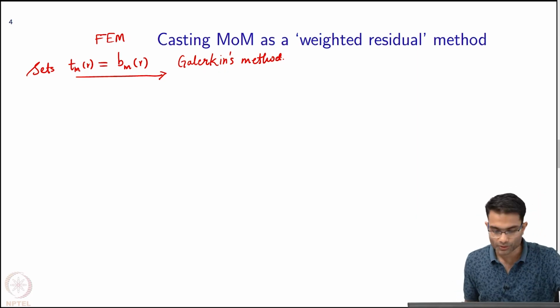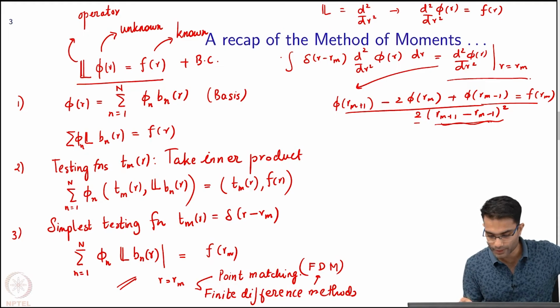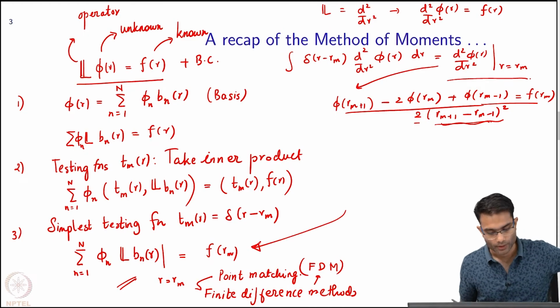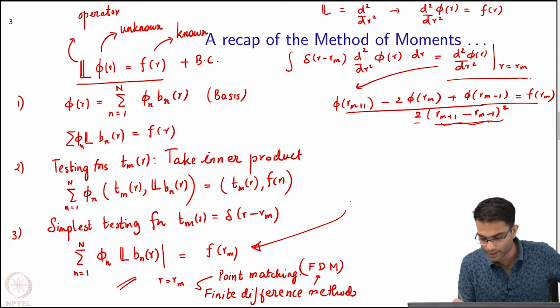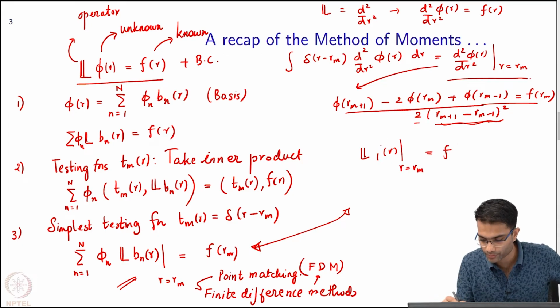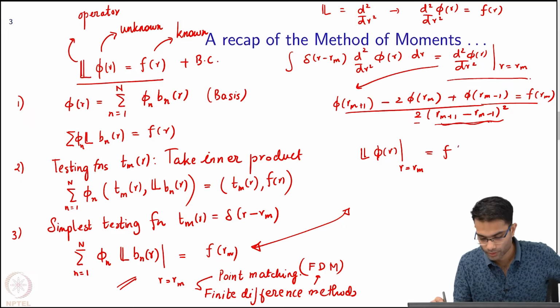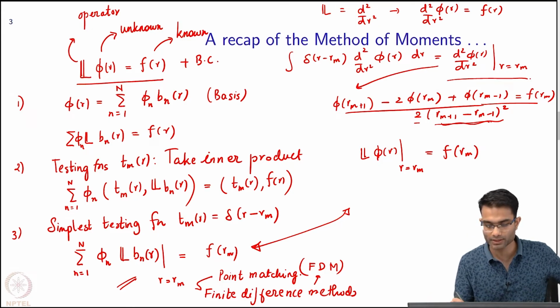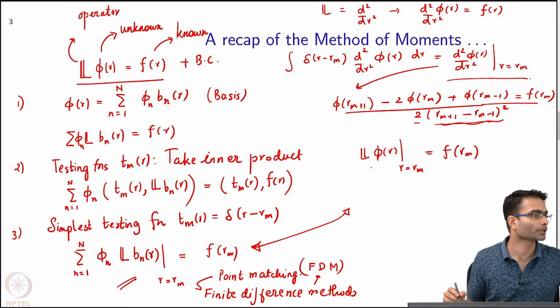Okay. So, just one thing I want to point out from the previous slide. When I look at this equation over here, I can rewrite this whole equation in an even simpler format like this, which is L of phi of r evaluated at r is equal to r m is equal to f of, sorry, this should not be f, this should be phi, right. This is one and the same equation, you agree?